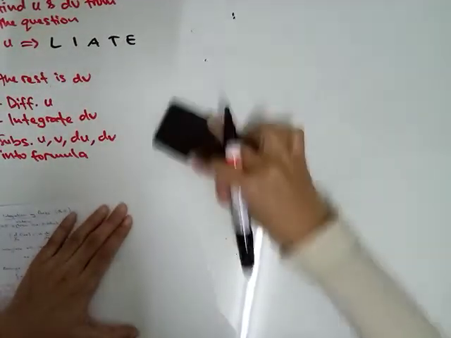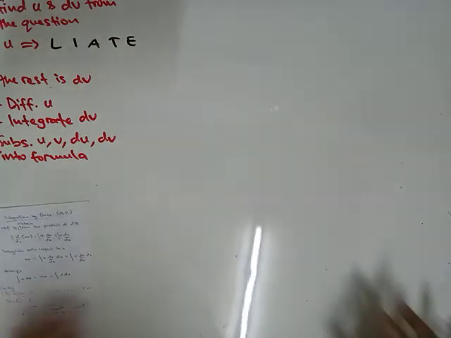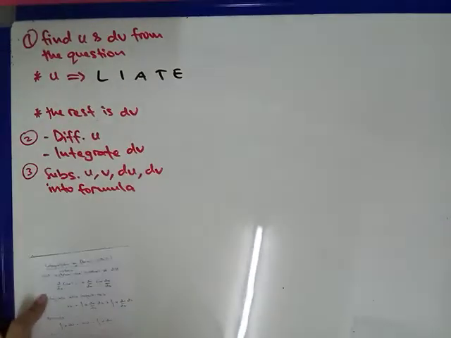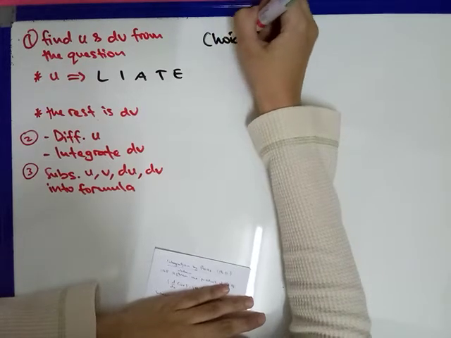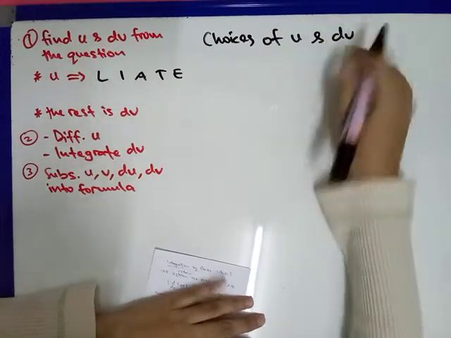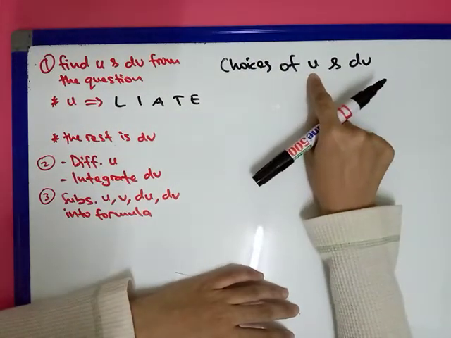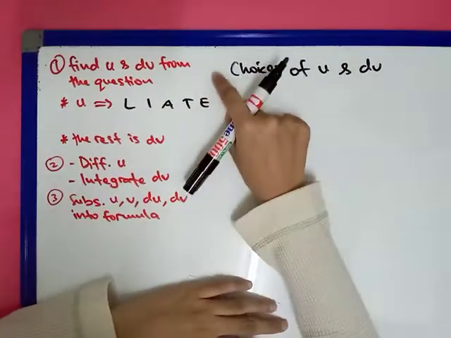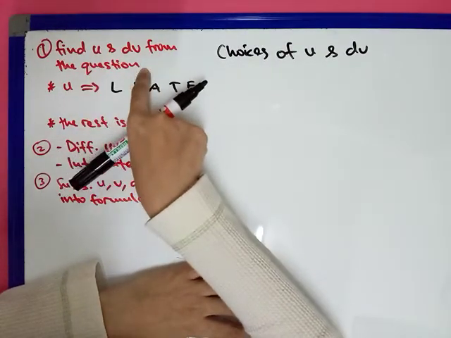So the key, keyword, the key untuk kita apply IBP is the choices of U and dV. Okay, first step, we need to find U and dV from the equation.